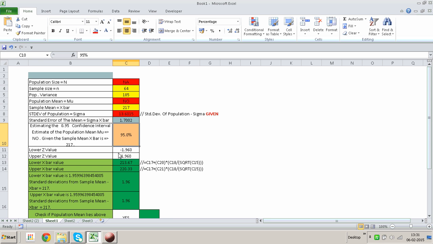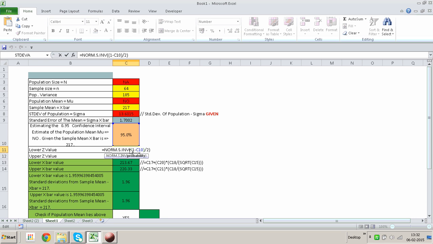Now let's look at what happened over here, just as a quick recap. We had the standard error of the mean, sigma bar, which can be calculated because we have the sample size and the standard deviation of the population. But presume we do not have this, then you obviously can't calculate the standard error of the mean. Once you input a certain percentage as the confidence level that you want to achieve, the rest gets done almost automatically within this Excel sheet.